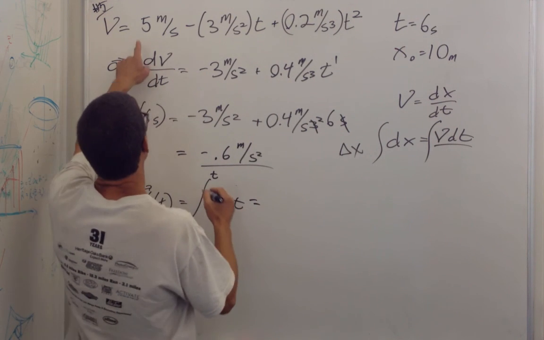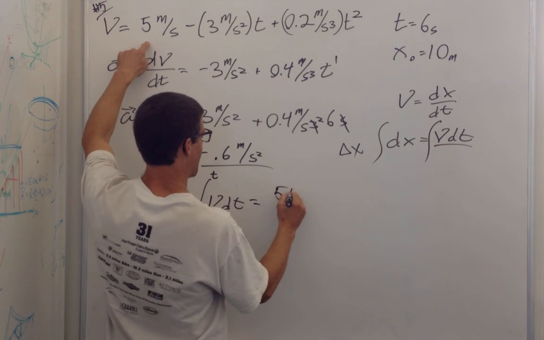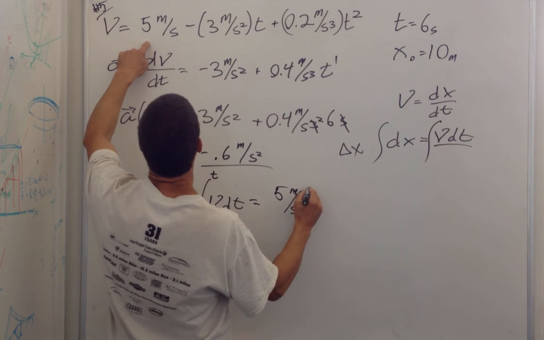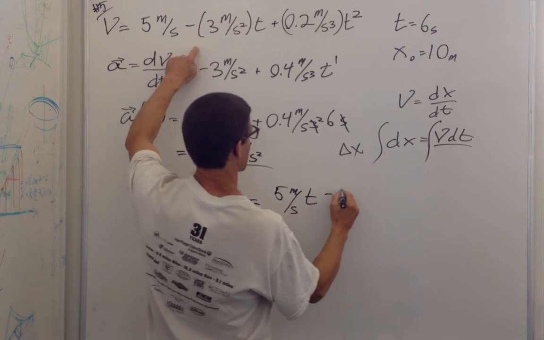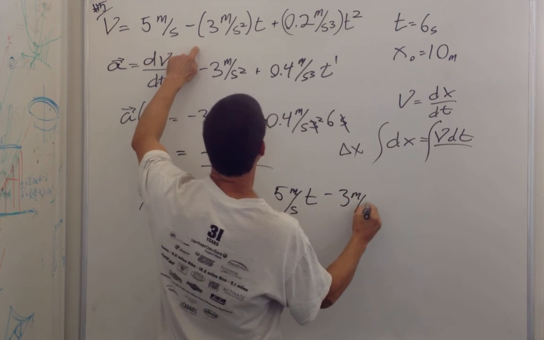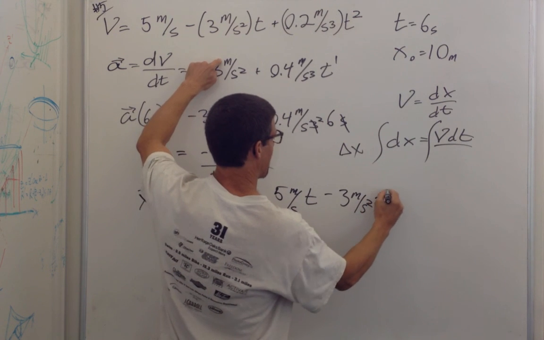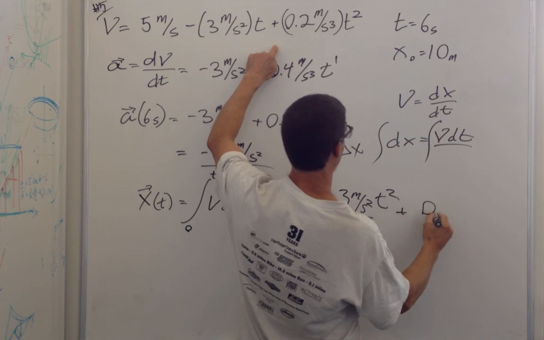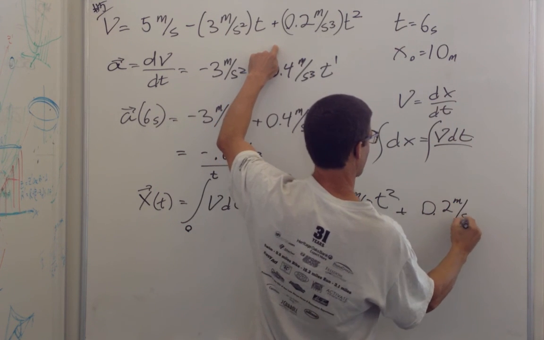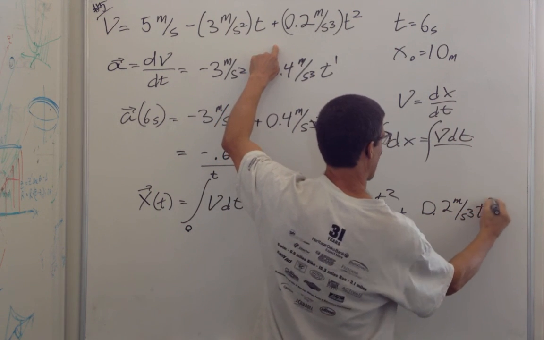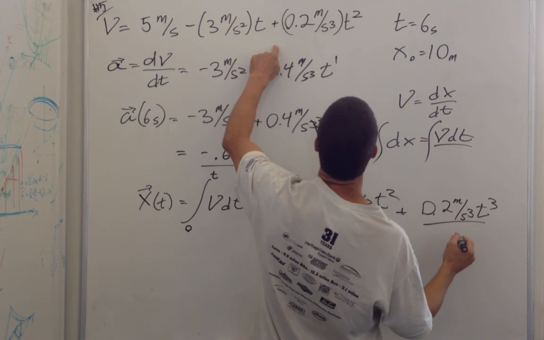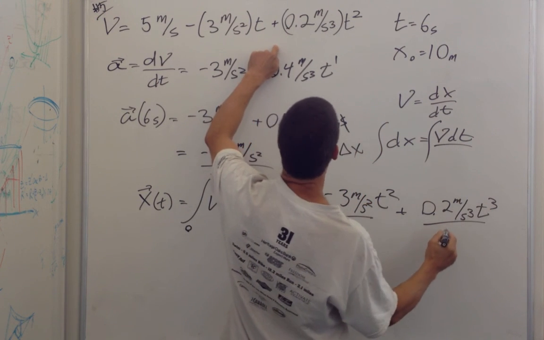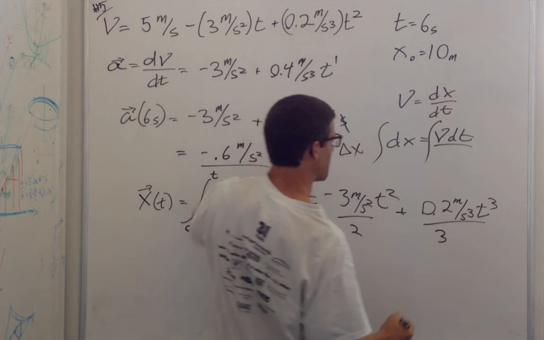Okay? So when we take the integral of that, we'll get 5 meters per second times time, minus 3 meters per second squared times t squared over 2, plus 0.2 meters per second cubed times t cubed divided by 3.